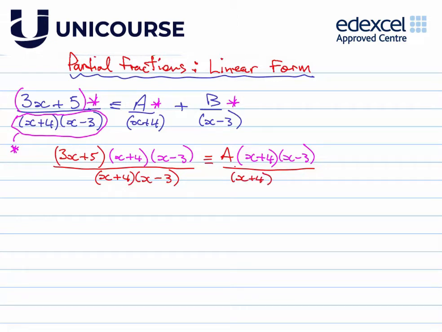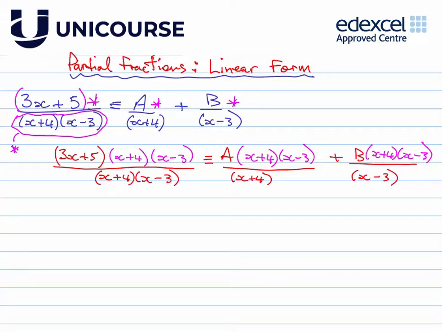And what we've also got is plus b lots of that purple stuff. That was sitting over, sorry, that's not correct, it's sitting over minus 3, wasn't it? Minus 3 there. And this b is multiplying the x plus 4, x minus 3.